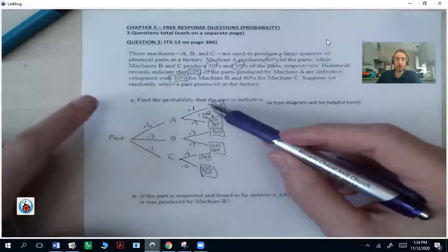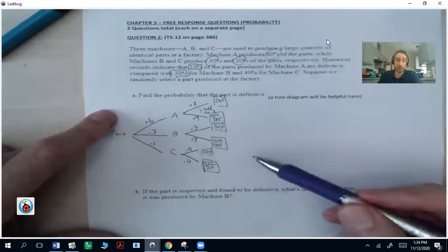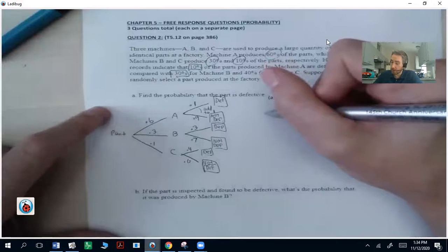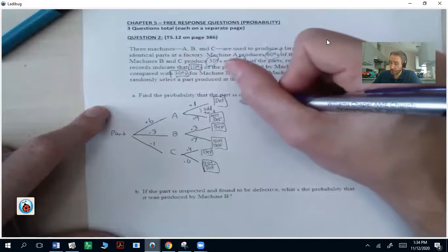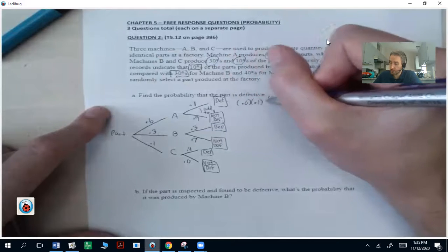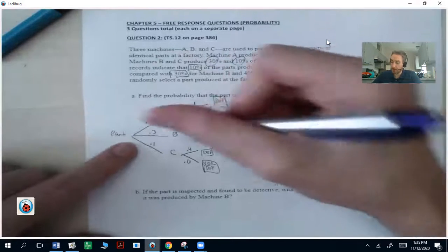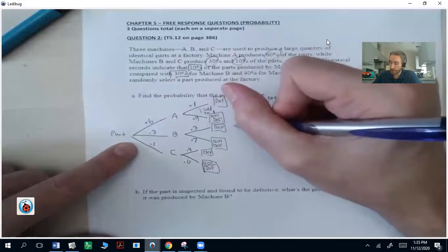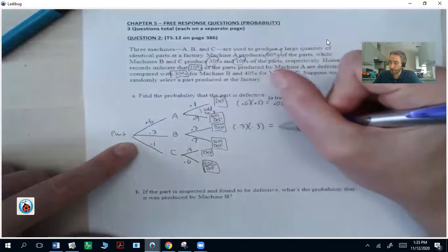So we want to know the probability that the part is defective. Well, it could be defective from any of these 3 machines, right? So the probability of it being defective from machine A, that's going to be 0.6 times 0.1, which is 0.06. The probability of it being defective from machine B, that's 0.3 times 0.3, and that should be 0.09.